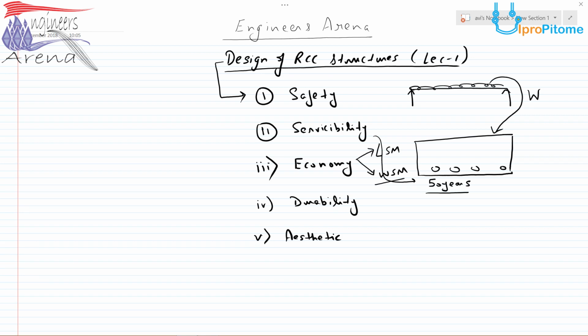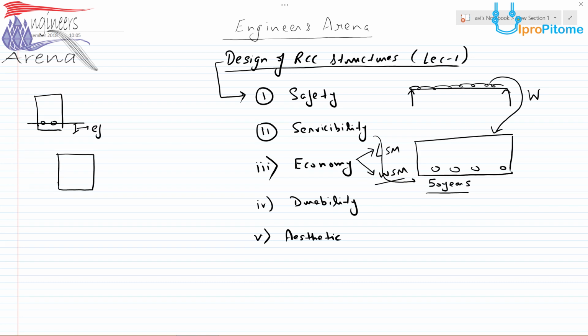Thereafter it is durability. Suppose we are constructing a structure in a hot climate, or a very cold climate, or underwater in the sea. So what we do is increase the cover. There are two types of cover basically. This will also come later, but since the word has come, I will explain it here as well. One is effective cover, which we consider from the center.